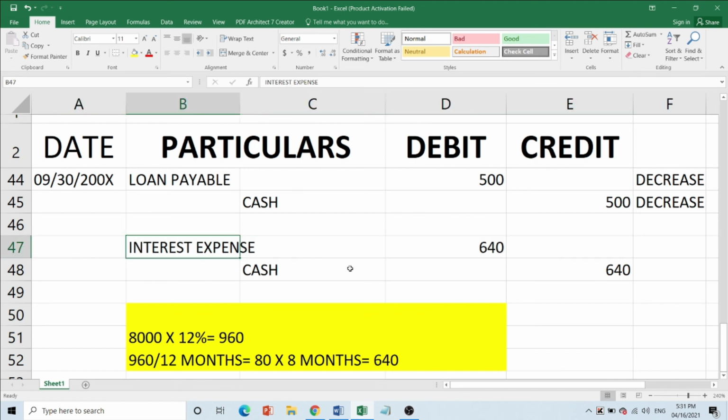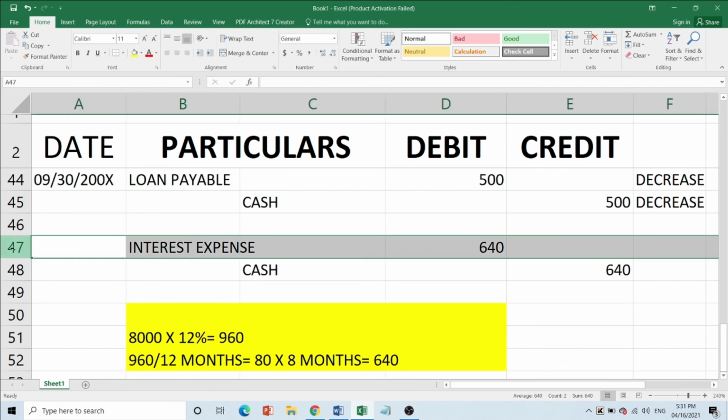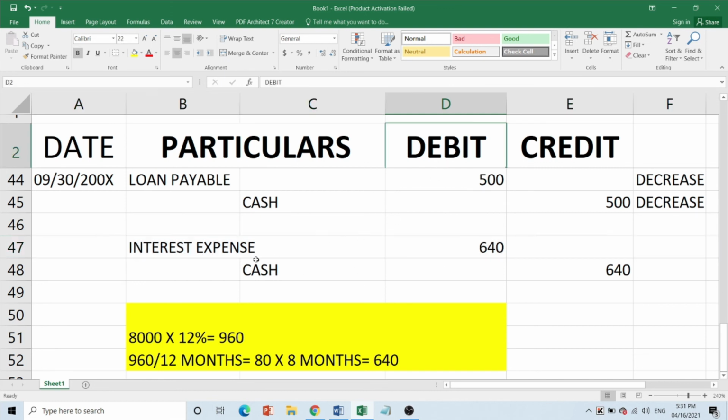Interest expense. This is an expense, meaning this is a deduction to your equity account. So yung effect nito sa ating equity, although may normal balance po siya na debit, but since yung interest expense ay ibinabawas natin sa ating income or revenue, an increase in expense is a decrease in equity.